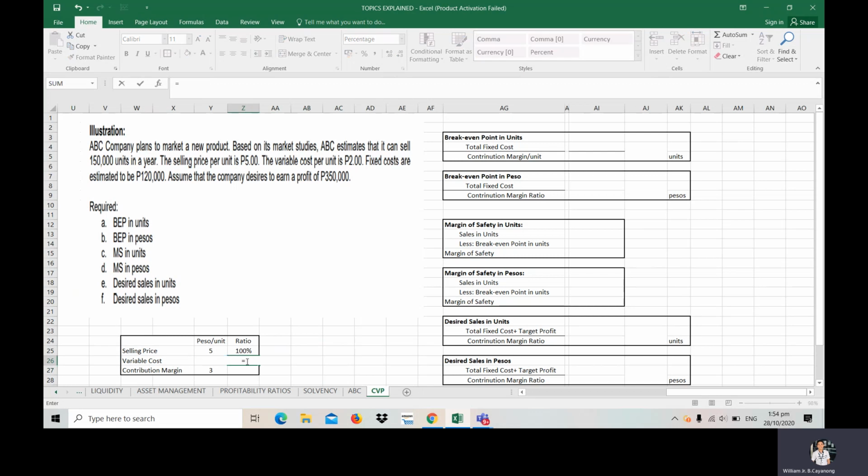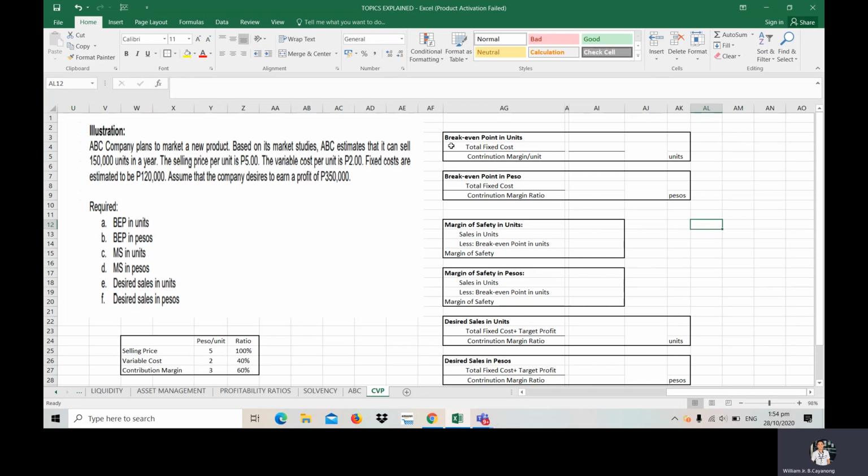Okay, so 2 divided by 5 is 40%. And then the contribution margin, 3 over 5, is 60%. So our contribution margin per unit is 3. Our contribution margin ratio is 60%. So we can use that in computing the break-even point.